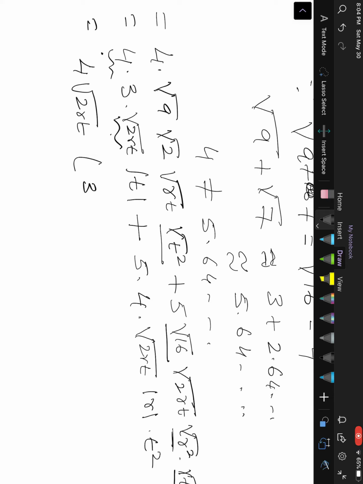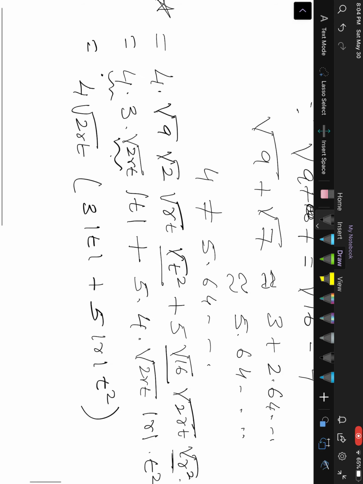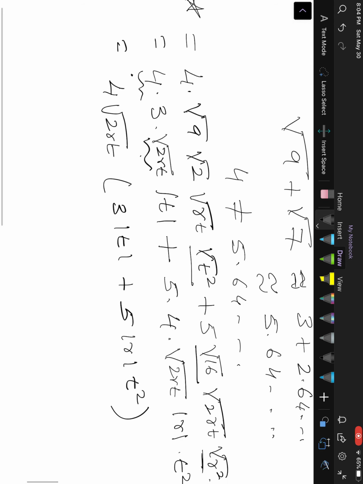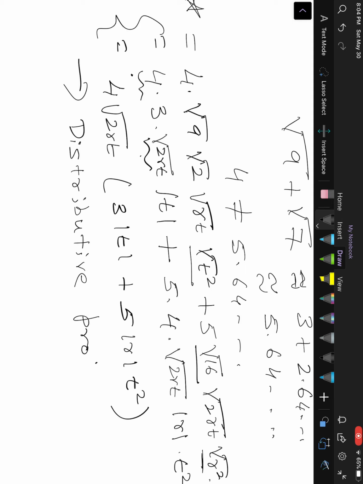So this would be 3 times the absolute value of t plus 5 times the absolute value of r t square. So we have used maximum properties of all that we have learned so far in this problem, and this step is by applying the distributive property of real numbers.